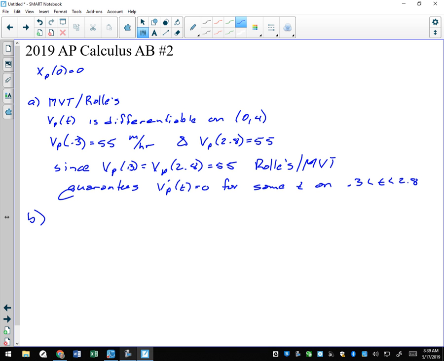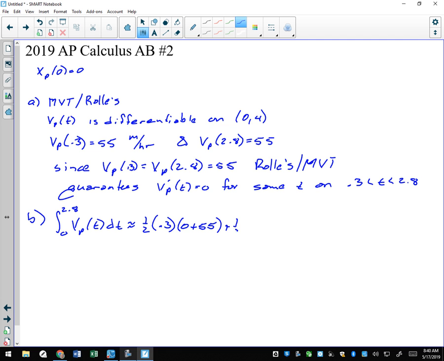Question B, use a trapezoidal sum with the subintervals indicated to approximate the value of the integral from 0 to 2.8 of V_P of t, and this is an approximation, so you need to make sure you put an approximate symbol right there. And if we're going to do trapezoids, we have to do 3 separate trapezoids, so that's going to be 1/2. The height of the first trapezoid, going from 0 to 0.3, is 0.3, and the sum of the bases would be 0 plus 55.